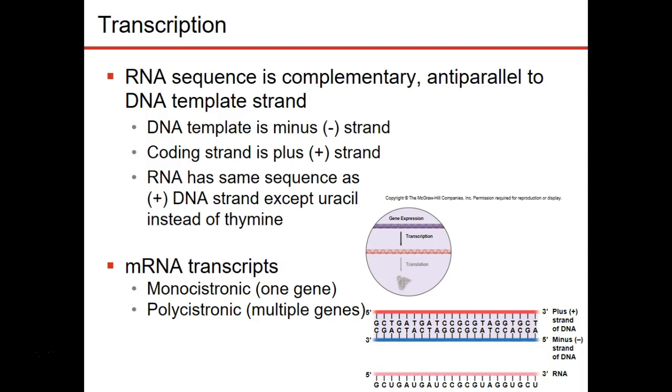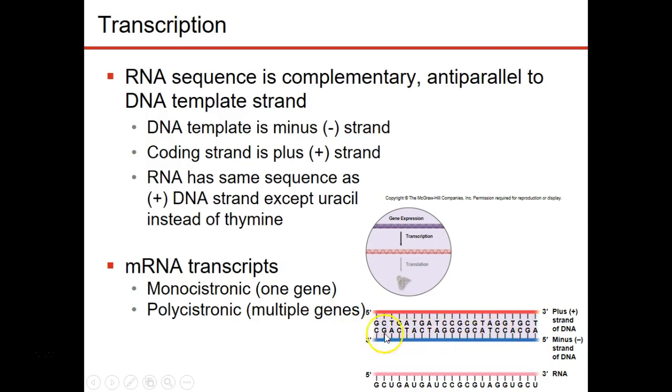So each strand of DNA can be the coding strand, or can code for a protein. Whichever strand we're using as the coding strand, the other strand is called the template strand, or the minus strand. We use the template to produce our copy of the coding strand. So if you look here, here's your plus, or your coding strand of DNA.